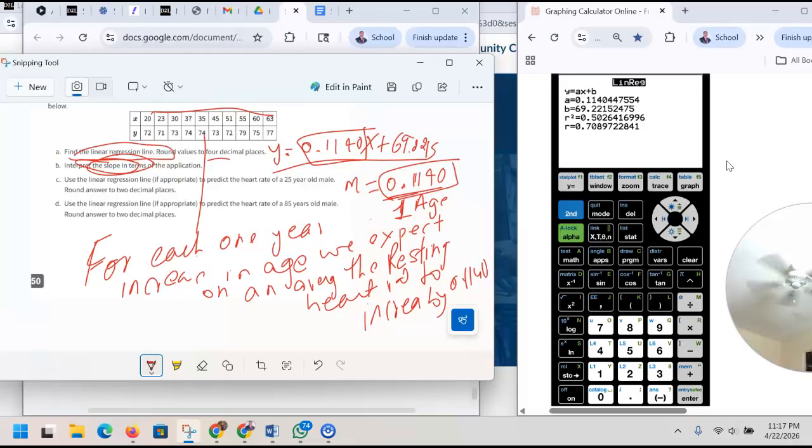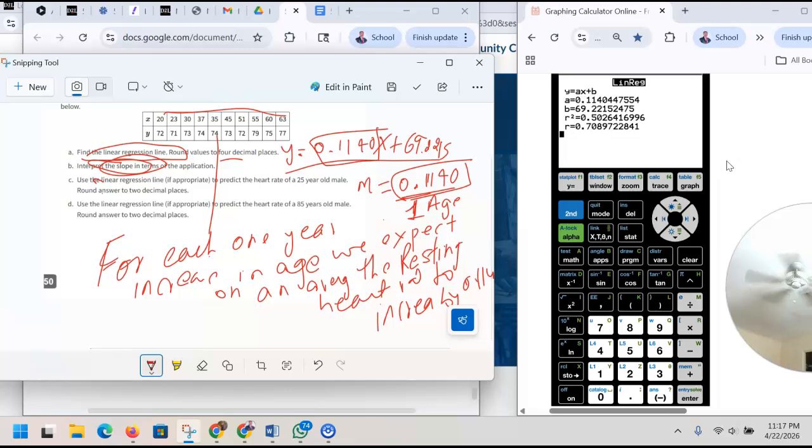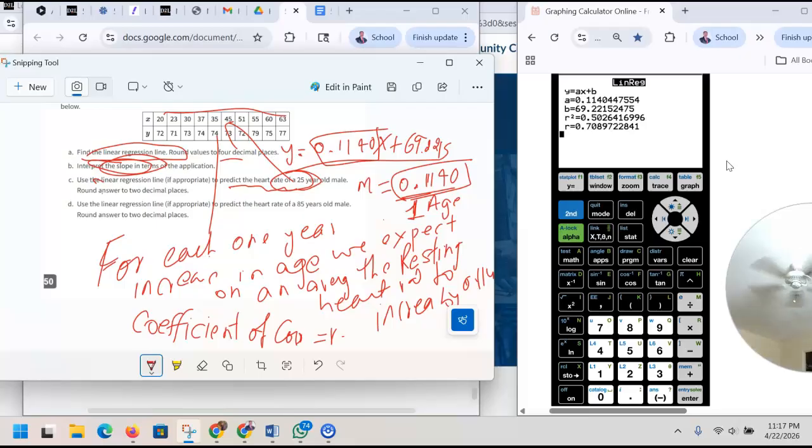But we have two more questions. What about predicting the heart rate at 25 years? Now this 25 is right here. Oh, we forgot that the coefficient of correlation is also given here. The coefficient of correlation is R, and that is 0.70.